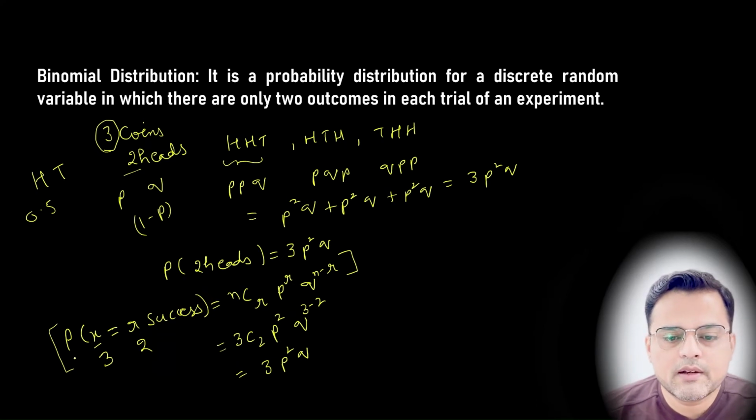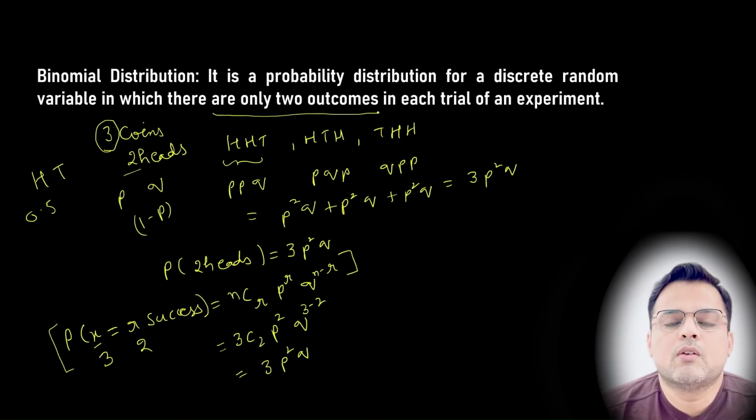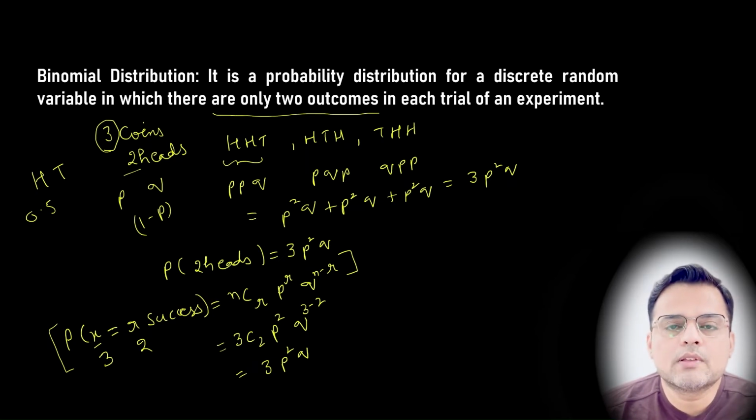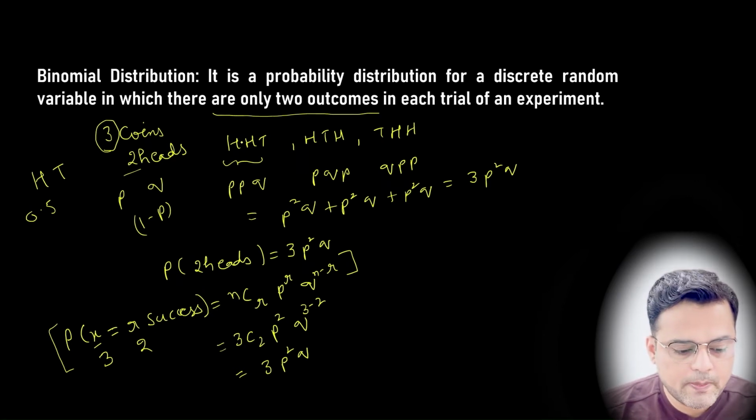Now there are some characteristics of the binomial theorem. The first characteristic, which we have seen, is that there are only two possible outcomes and both outcomes are mutually exclusive and collectively exhaustive, which means that one toss of a coin does not affect the second toss of a coin.